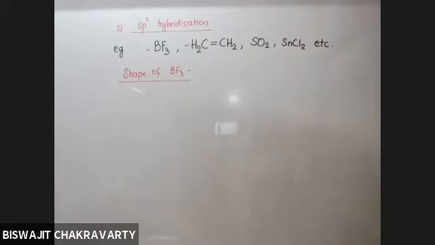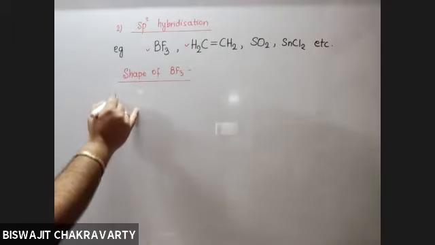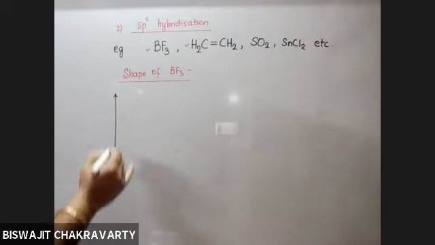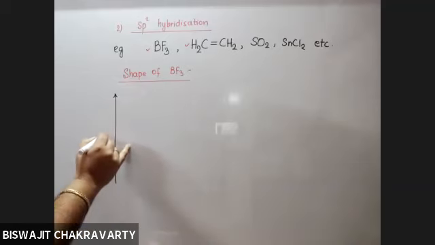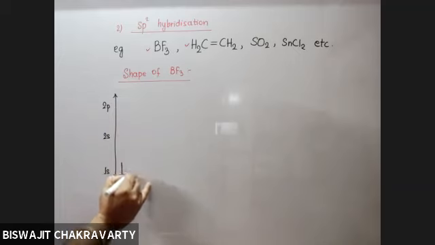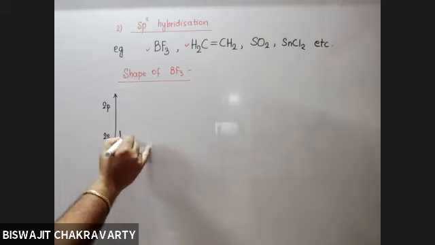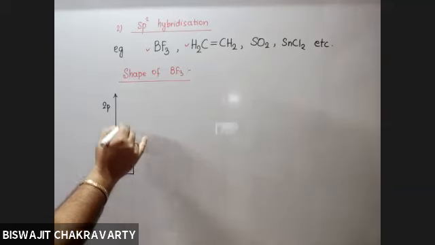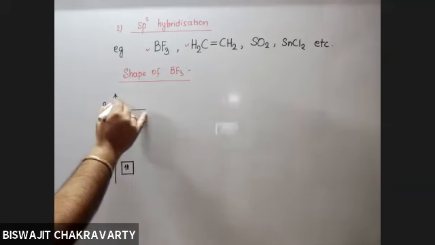Boron trifluoride. So boron being the central atom, we are going to discuss about its energy diagram. 1s, 2s, 2p. So 1s2, 2s2, 2p1.